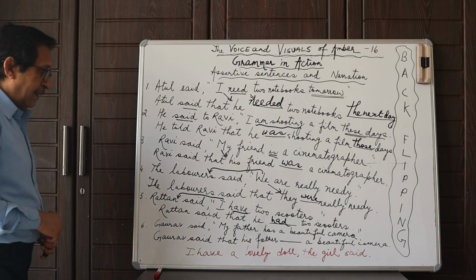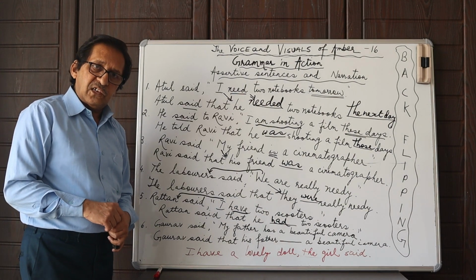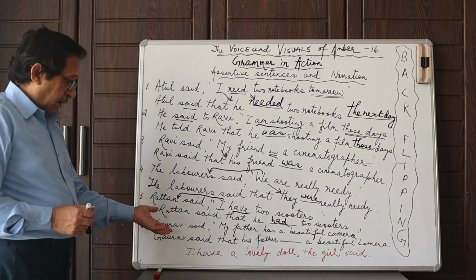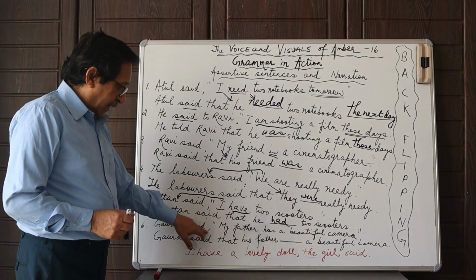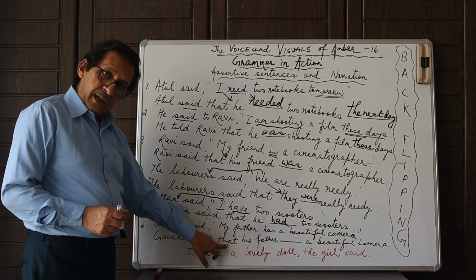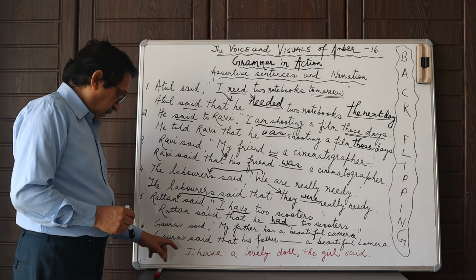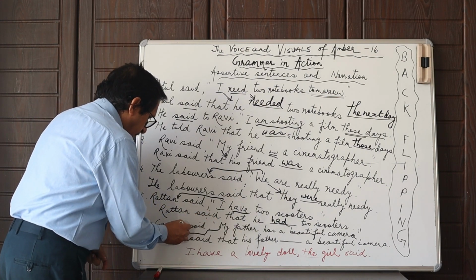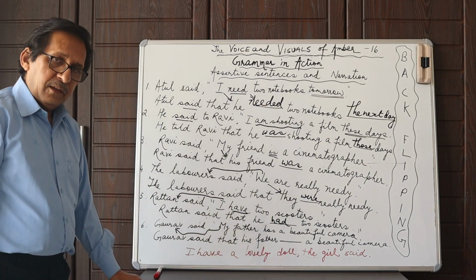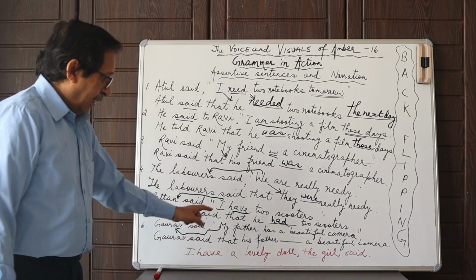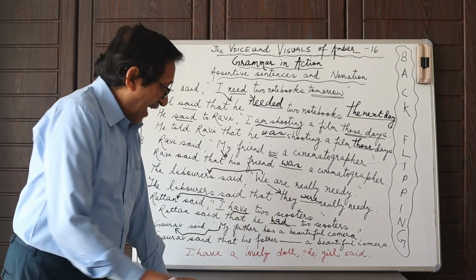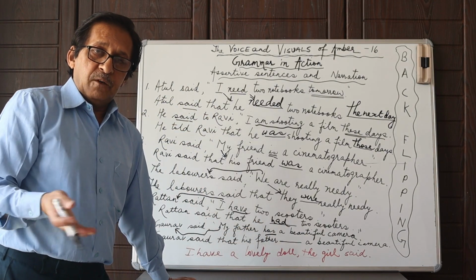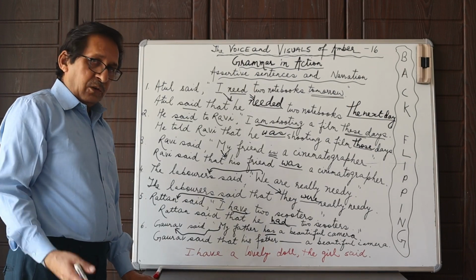Gaurav said, my father has a beautiful camera. So again, Gaurav said, comma, inverted commas removed, and that is introduced. So Gaurav said that my father, so this my refers to Gaurav, the speaker. So Gaurav said that his father, and this is the present tense to be verb or verb of possession, or you can call it a link verb.